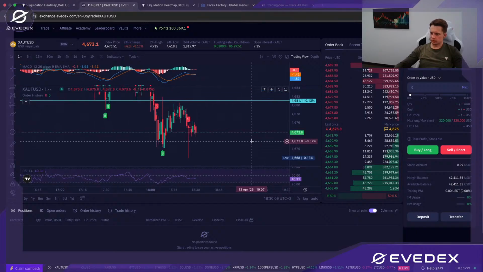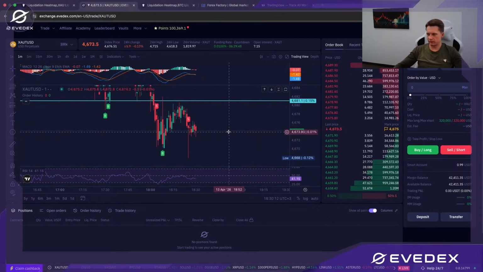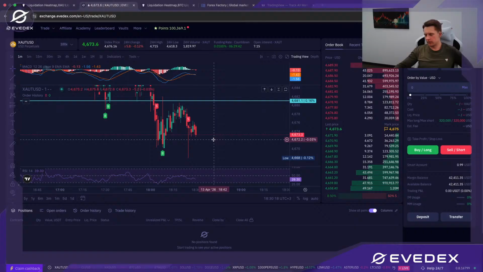Yeah, it doesn't seem like we're going to get back into that key level. Looks like we'll still continue on that downwards move.